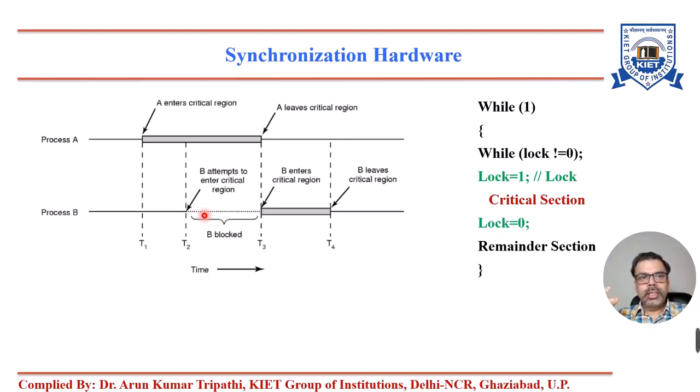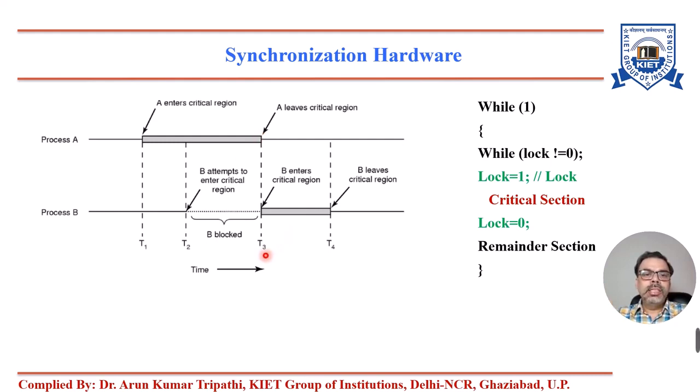After continuously checking the lock, it finds that the lock is open, which happens when process A leaves the section. So when process A leaves the critical region, it is allowed to accept another process to enter into the critical section.